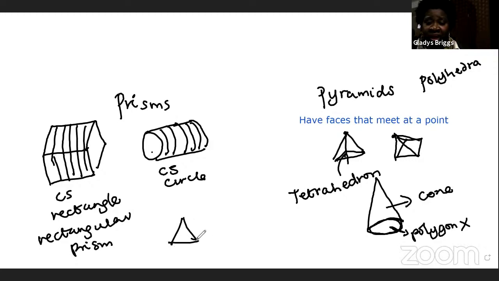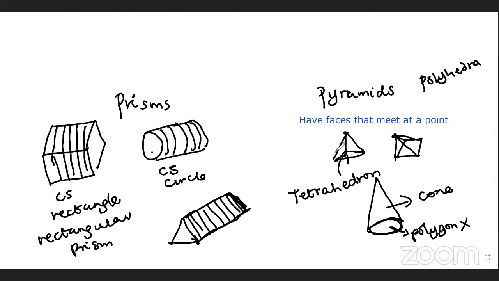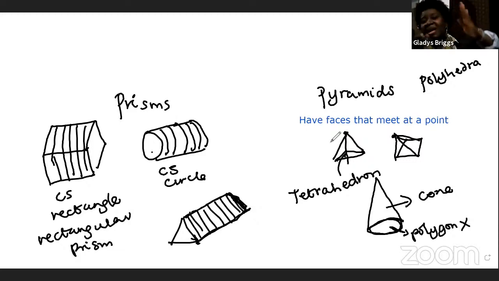You have the triangle face going long like that, with slices of triangles all across it. So do we know the difference between prisms and pyramids now? Yes. Pyramids meet at a point at the top. Prisms have a cross section, a face that goes across the length of that shape.